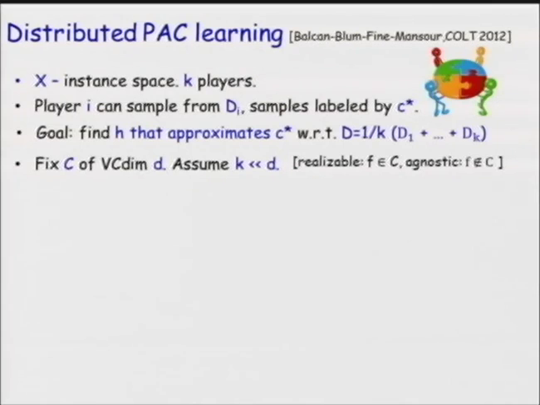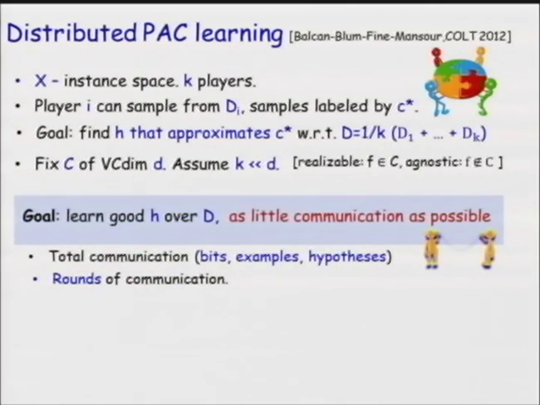Now, as is typical, I'm going to fix a class C of finite VC dimension, which I'm going to call D. As an example, you can think of the class as being the class of linear separators. For my talk, I'm going to focus on the case when k, the number of players, is much smaller than D, the VC dimension of the concept class.